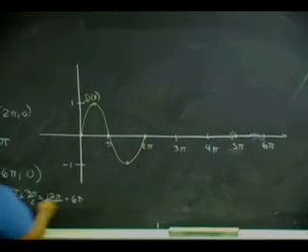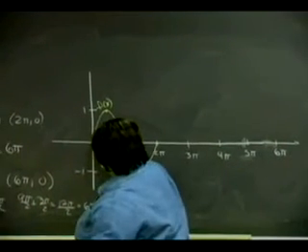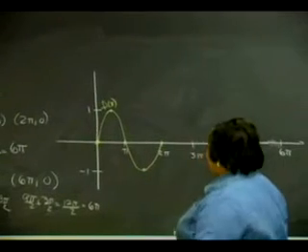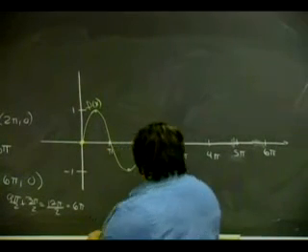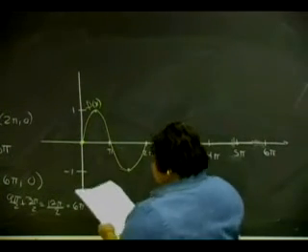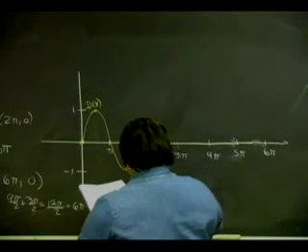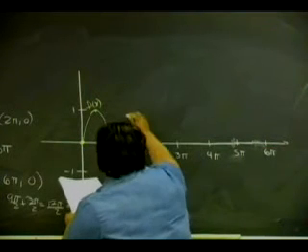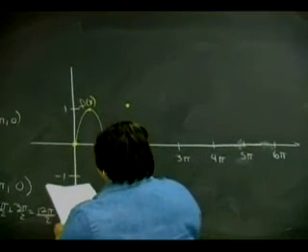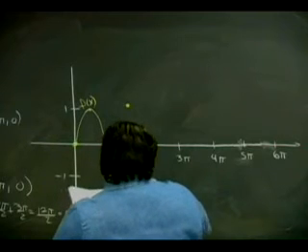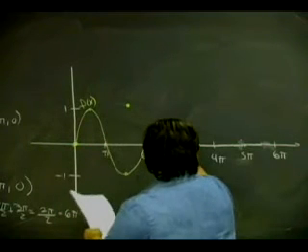G of x starts with 0, 0. And then we go to what? 3 pi over 2, 1, which is here. Then we go to 3 pi, 0.